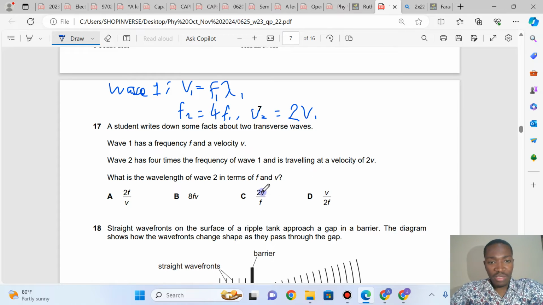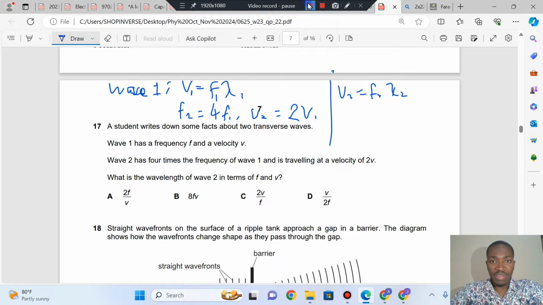What is the wavelength of wave 2 in terms of F and V? What is V1 here? V1 is F1 lambda, right? Good. And V2, how do you get V2? V2 equals F2 lambda 2, from speed equals frequency times wavelength, right?